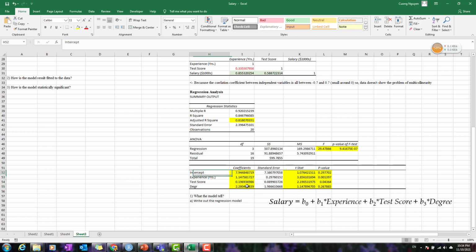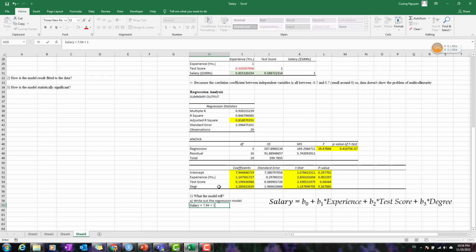Okay, so first of all, remember this is the intercept. So salary will equal the intercept, which should be the first one, 7.94. I would just put it like 7.94. That's fine. Then plus the coefficient associated with the experience variable.